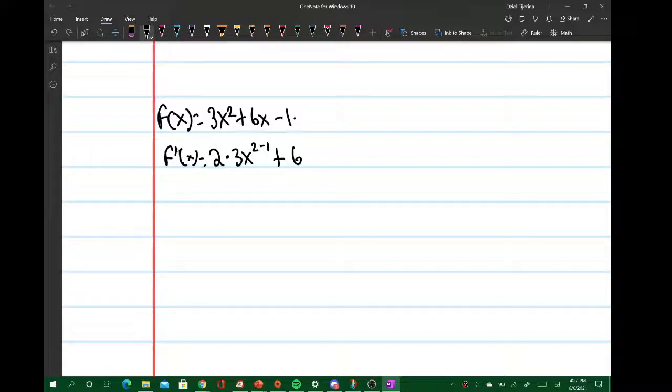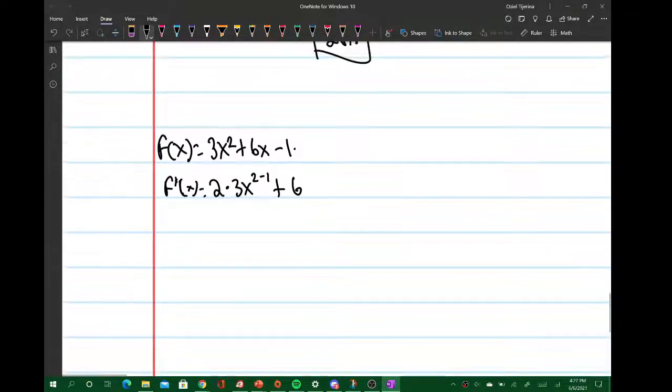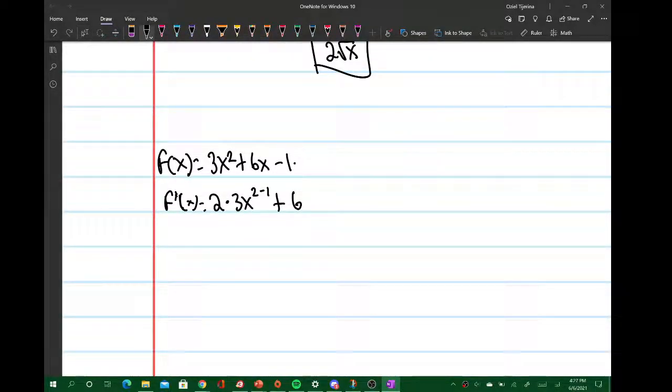So basically, for 6x, or any number like c times x, the derivative is just a constant. So right here, the derivative is like the slope of 6x. What's the slope of 6x? It's 6. So the derivative of 6x is 6. Derivative is just slope, really.